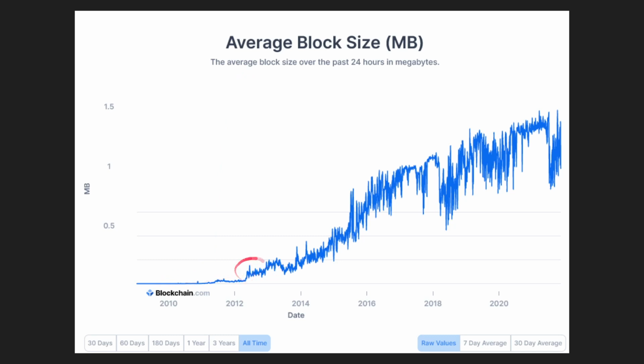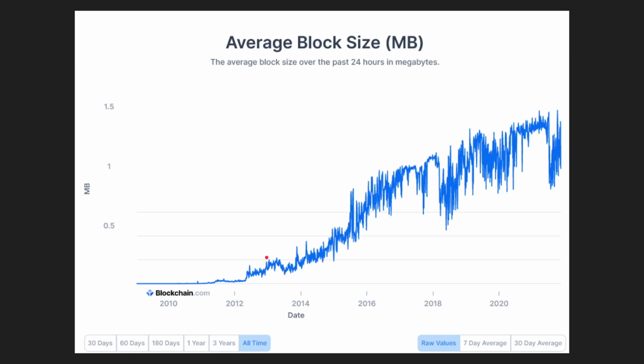We see generally there's been a significant growth in the size of blocks that have been added to the Bitcoin blockchain, right? The earliest ones were very small, and this could be attributed to the general development of technology over the past decade or so.